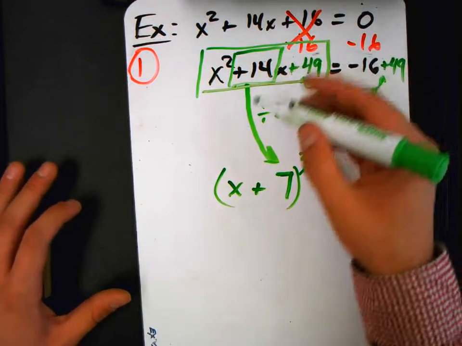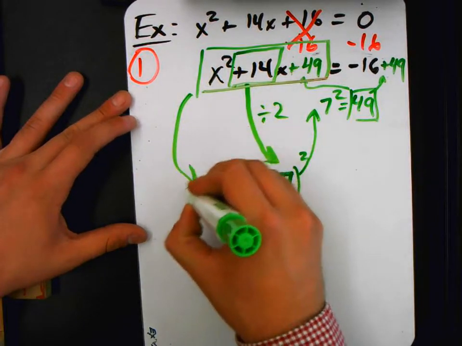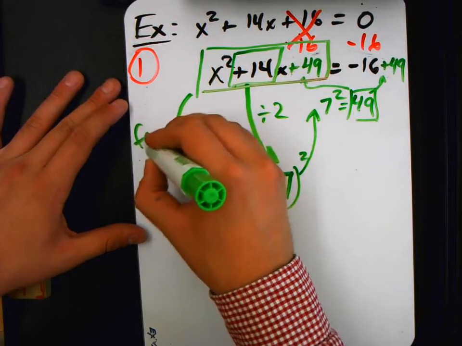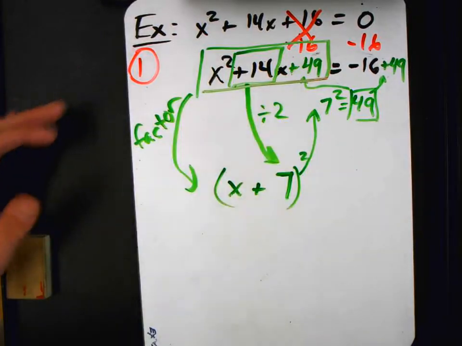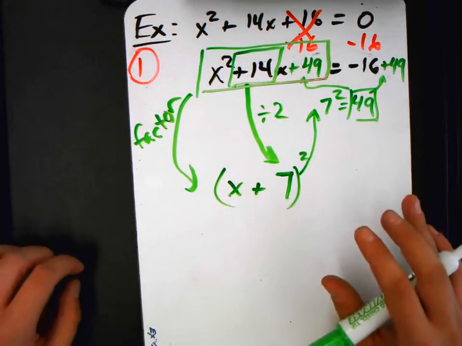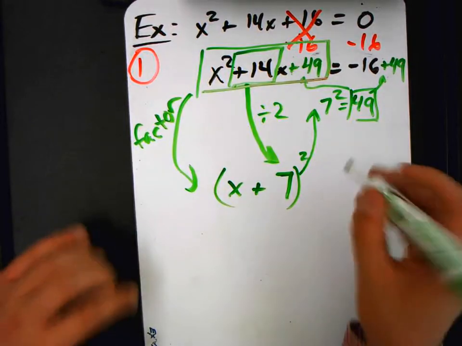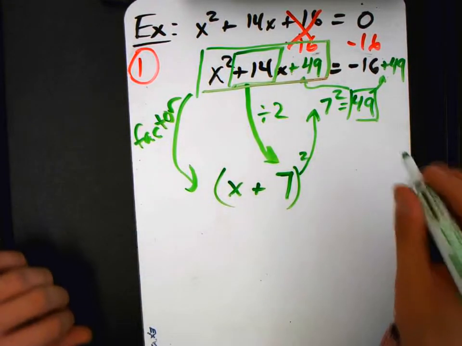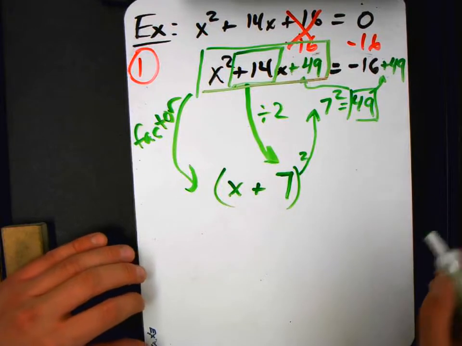This eliminates the entire process of factoring. If you would like to go through and factor to check all the work, then you certainly may do so. I am not requiring you to, since completing the square eliminates that process.